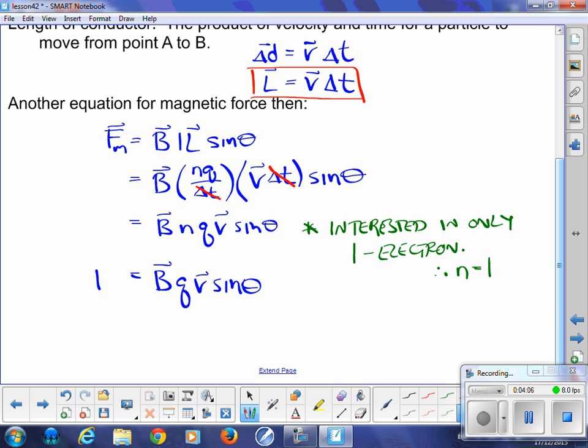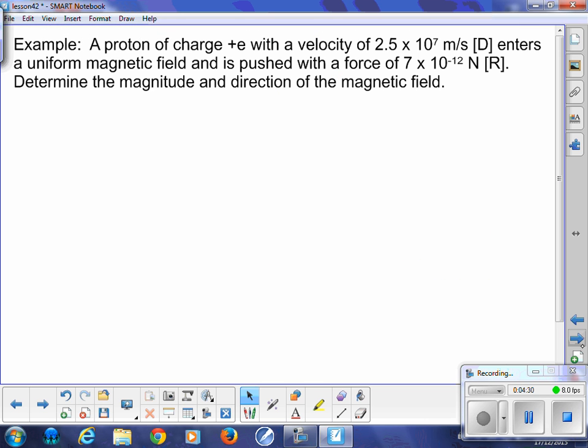There are, on this page, 3 formulas to add. This last one is the one of most interest for us in this particular unit. We are looking at the magnetic force acting on a moving charge, so an electron passing through a magnetic field. We've narrowed it down to that single electron and how it works within that magnetic field.